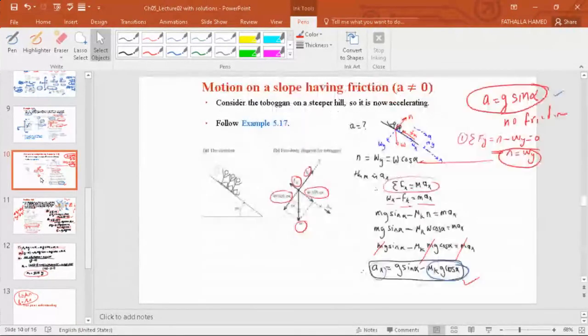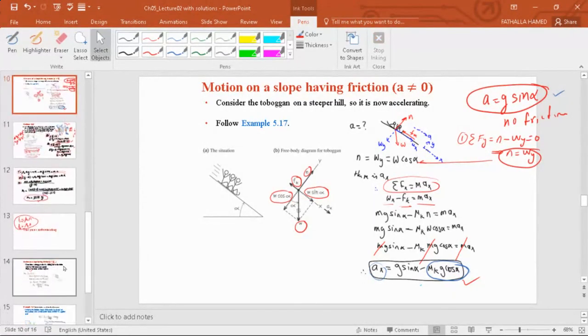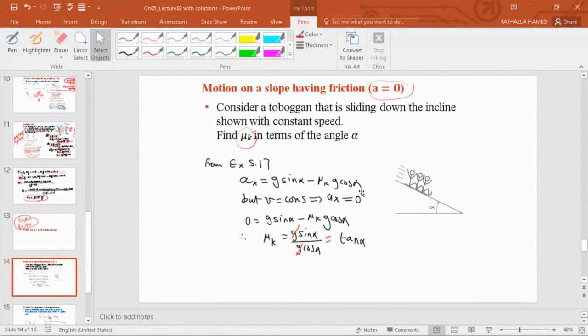When we dealt with the toboggan, we said that the acceleration is equal to g sine alpha minus mu k times g cosine alpha. So all we have to do is look at this result here. We don't have to work it out again.